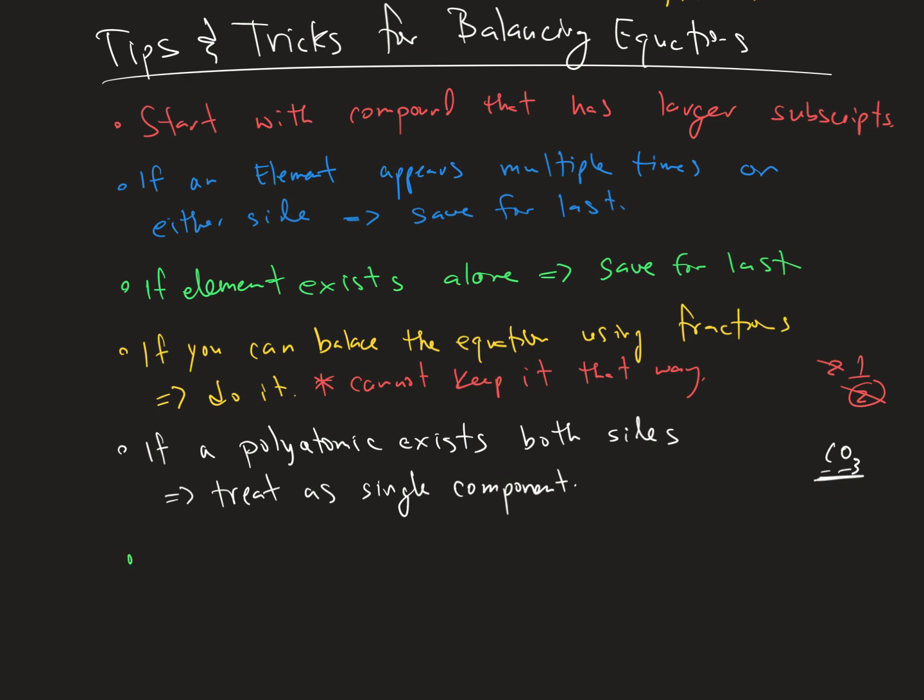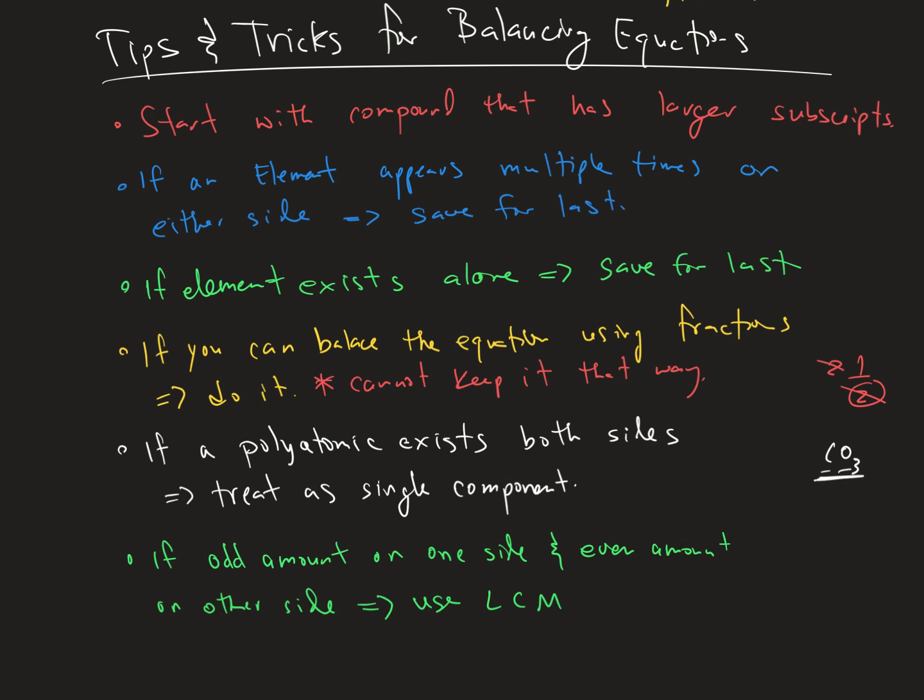If there's an odd number of one element on one side and an even number on the other side, use least common multiple. Ugh, that sounds mathy. If odd amount on one side and even amount on the other side, use least common multiple.